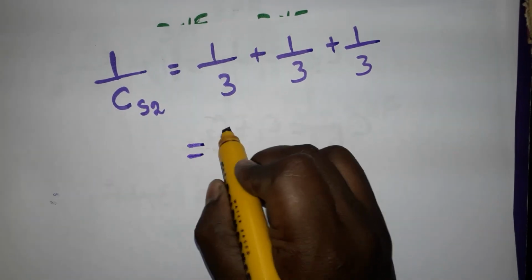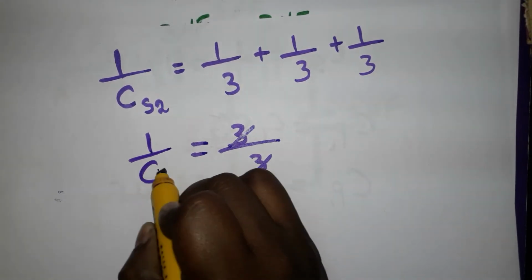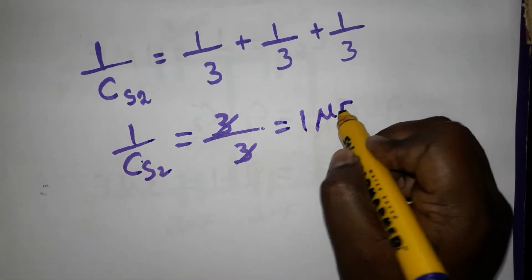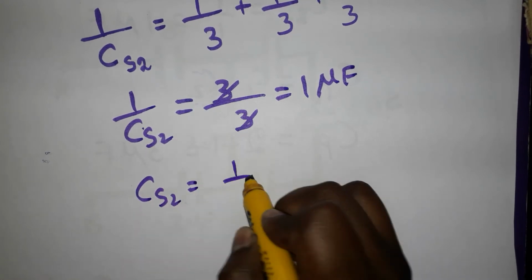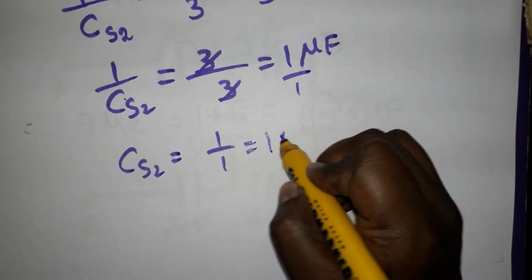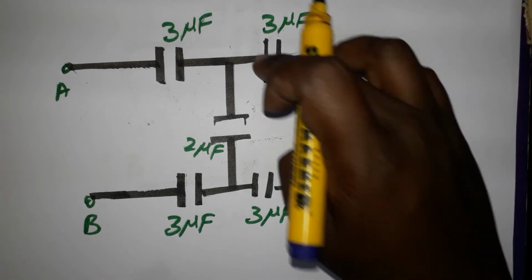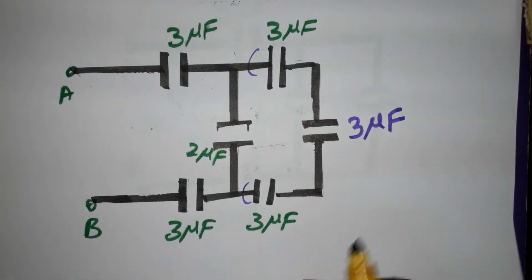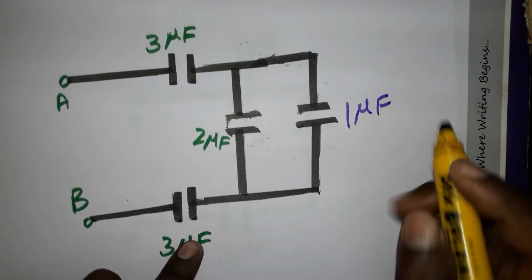So this also will be 3 by 3, the answer gets cancelled. 1 divided by CS2 is going to be 1 microfarad. So flip this equation, CS2 is equal to 1 by 1. Denominator is 1, so 1 by 1. The answer is going to be 1 microfarad. So these 3 solve as 1 microfarad from here to here in series.